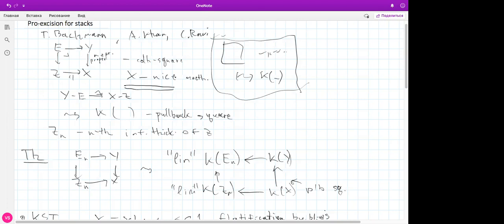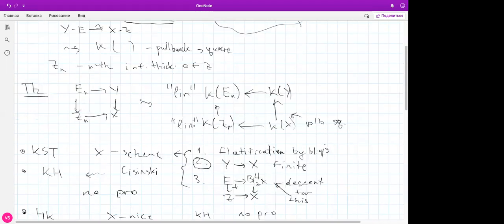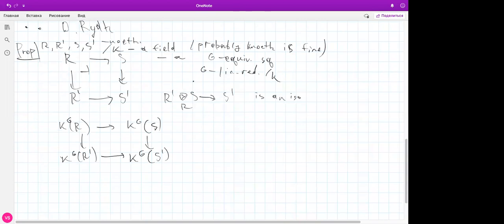And this intersection of ideals, you might take any power of the ideal. So if you want the condition that exactly corresponds to this one, you need to make something weaker. You need to consider infinitesimal thickenings.